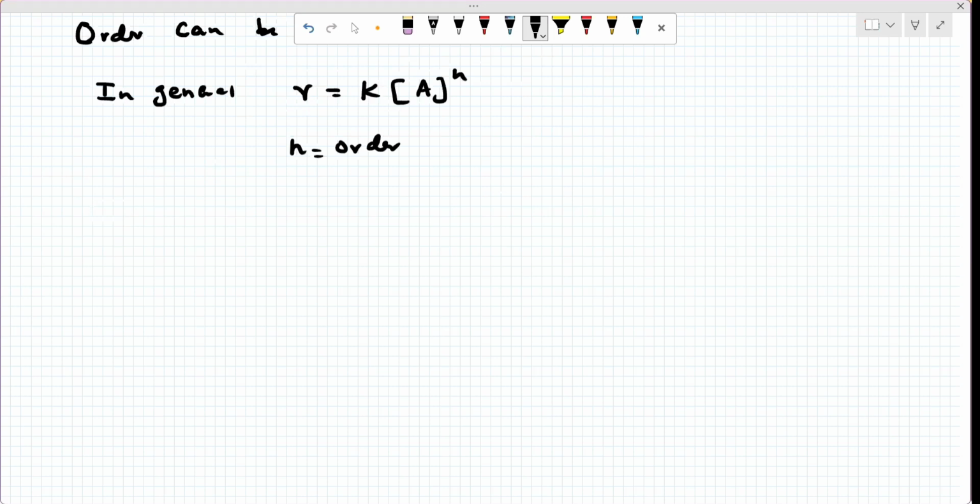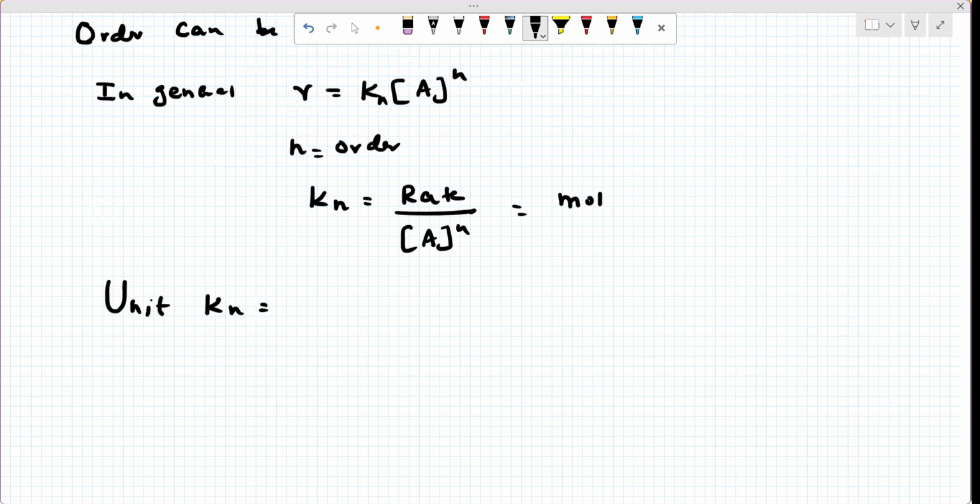Therefore, the rate constant k is equal to rate divided by A power n. Yes or no? Now what is the unit of k? What is the unit of rate? Mole per liter per second. Concentration unit is mole per liter.